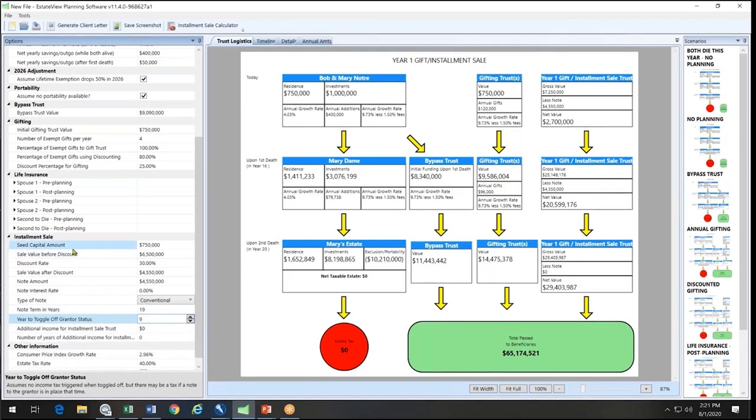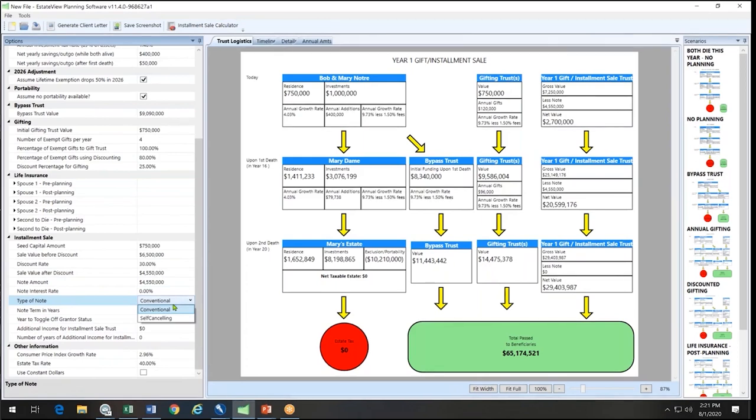Perfect. So now I want to take you back to the installment sale, because at Jerry's suggestion, we're also showing some other things. We're showing the interest rate on the note, which could be either a conventional note or a self-canceling installment note. You will then go to Tiger Tables or Number Cruncher or whatever your source is to determine the interest rate to use.